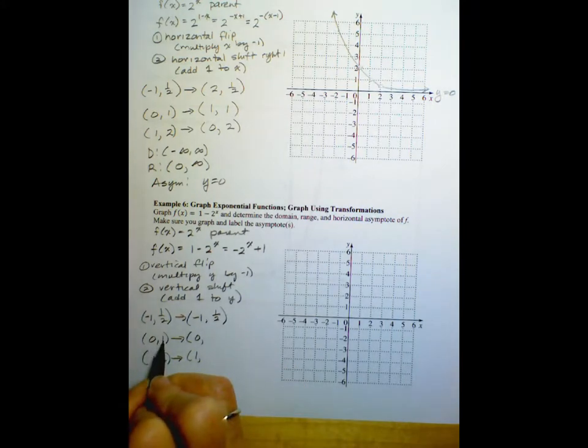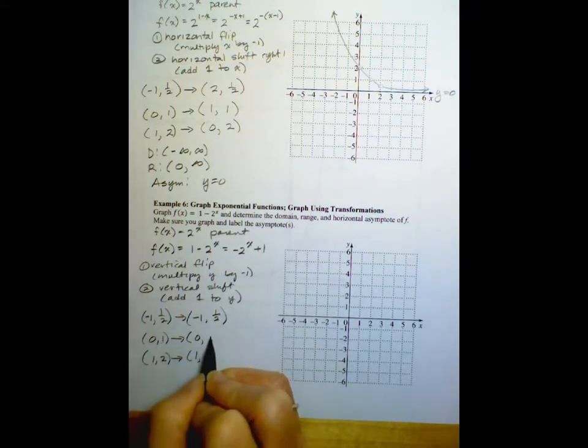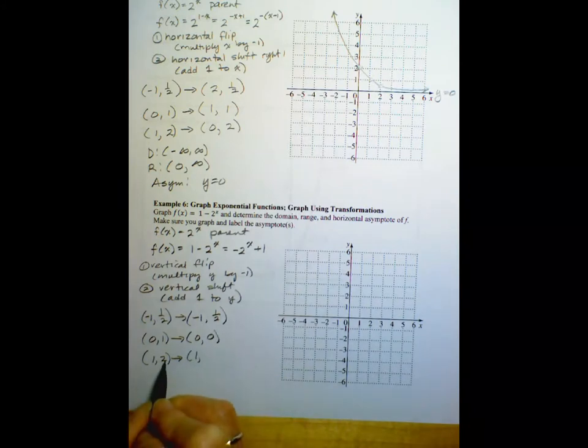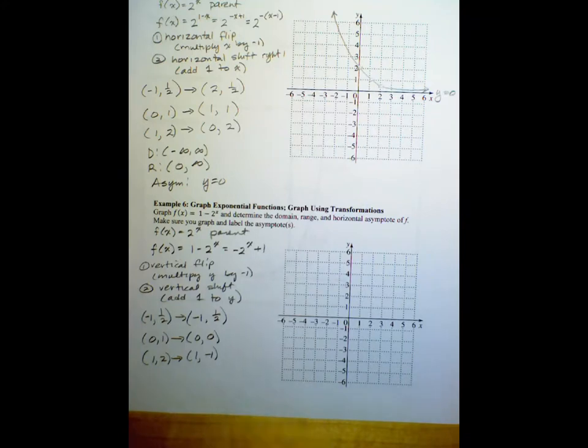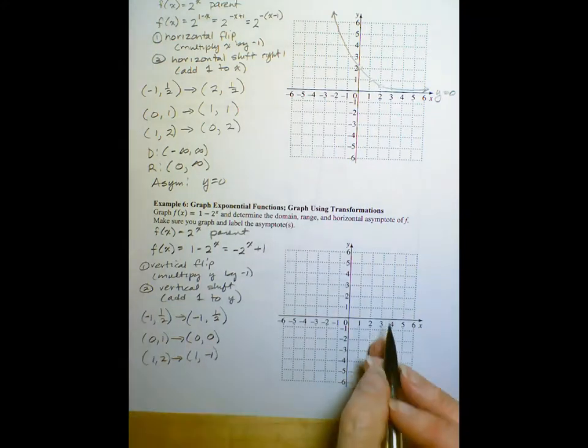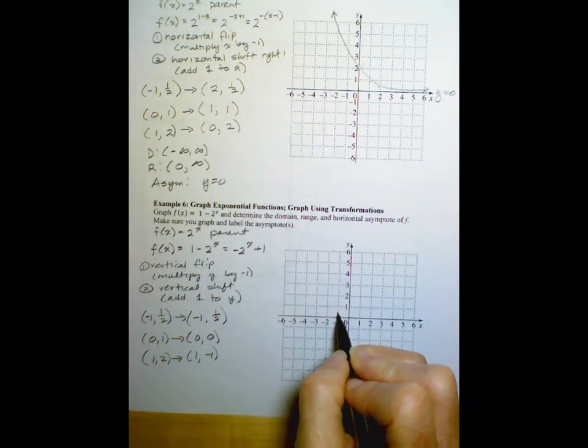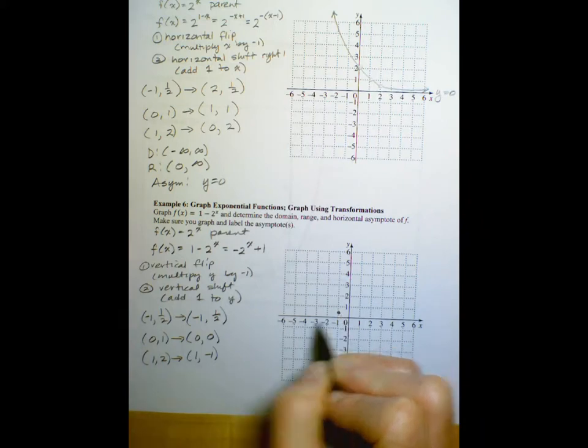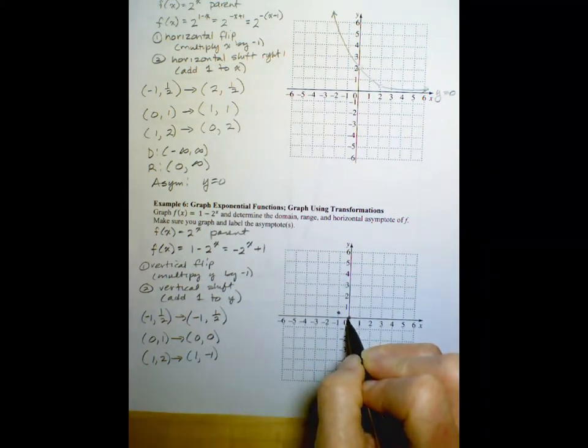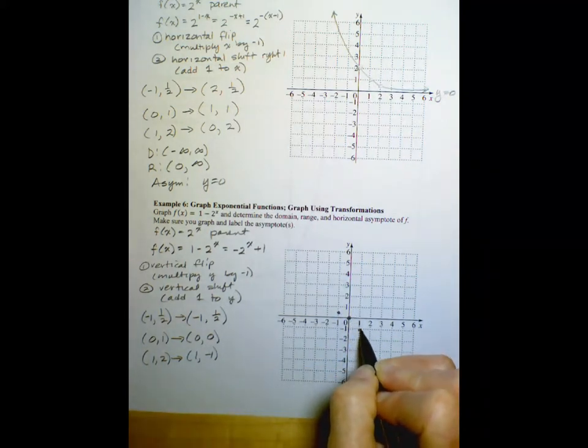Multiply 1 by negative 1, we get negative 1, add 1, 0. Multiply 2 by negative 1, we get negative 2, add 1, negative 1. Okay, so let's see, we're at negative 1, positive 1/2; 0, 0; and 1, negative 1.